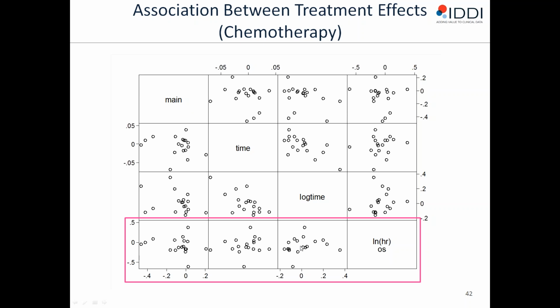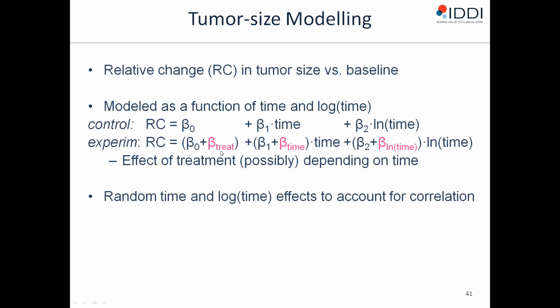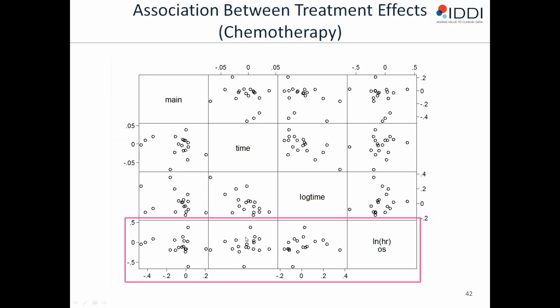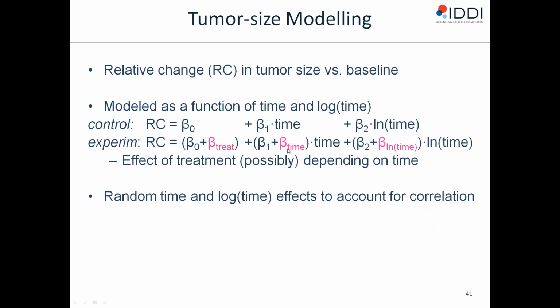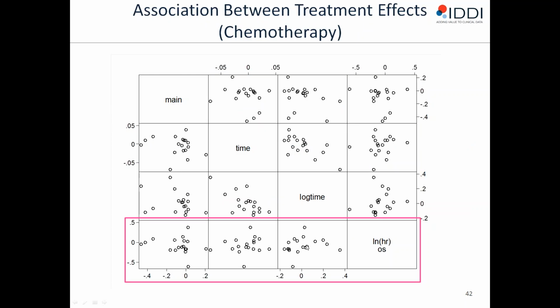Here we have marginal associations between the shift, the time scale treatment effect, and the log time scale effect versus the logarithm of hazard ratio for overall survival. The logarithm of hazard ratio is on the Y scale, and on the X scale we have, as I said, the intercept, the time treatment effect, and the log time treatment effect.